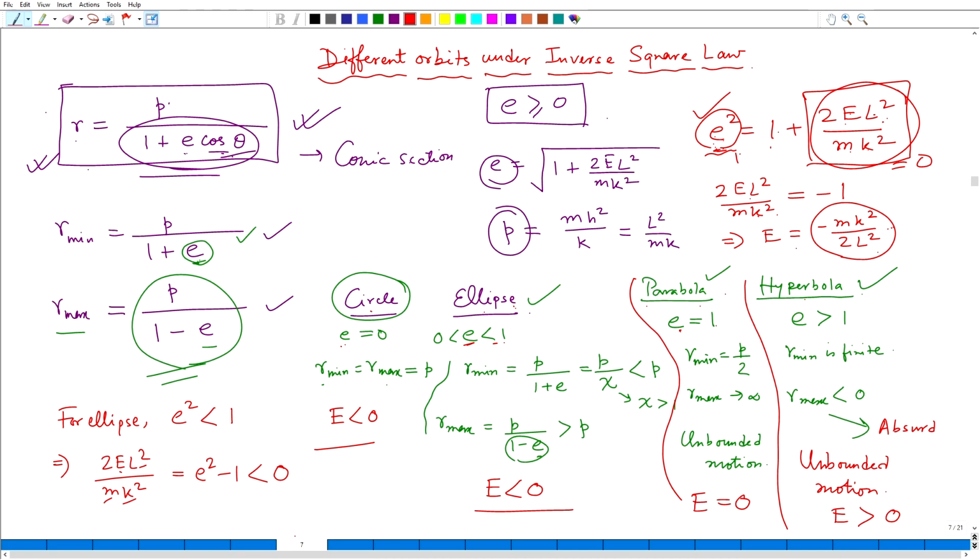Now, coming to a little more analysis. You now know under which conditions the trajectory will be an ellipse, when it will be circular, when it will be a parabola, and when it will be a hyperbola.